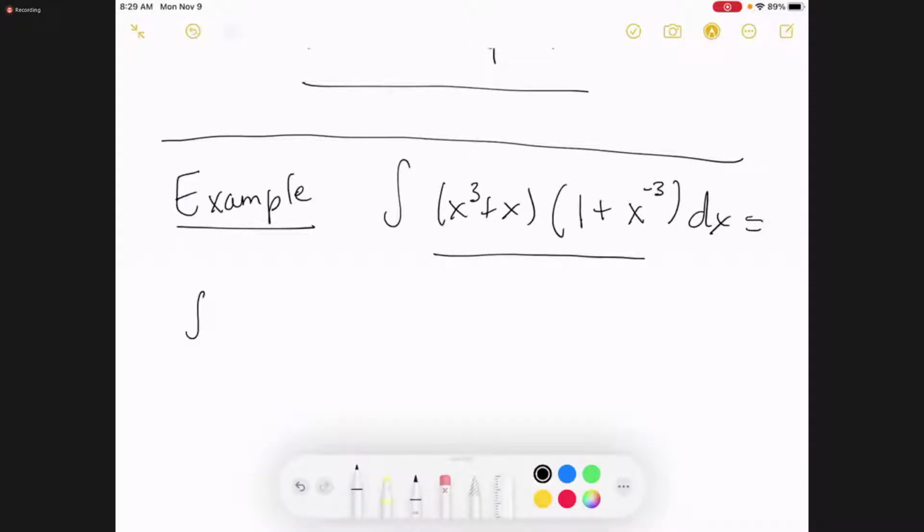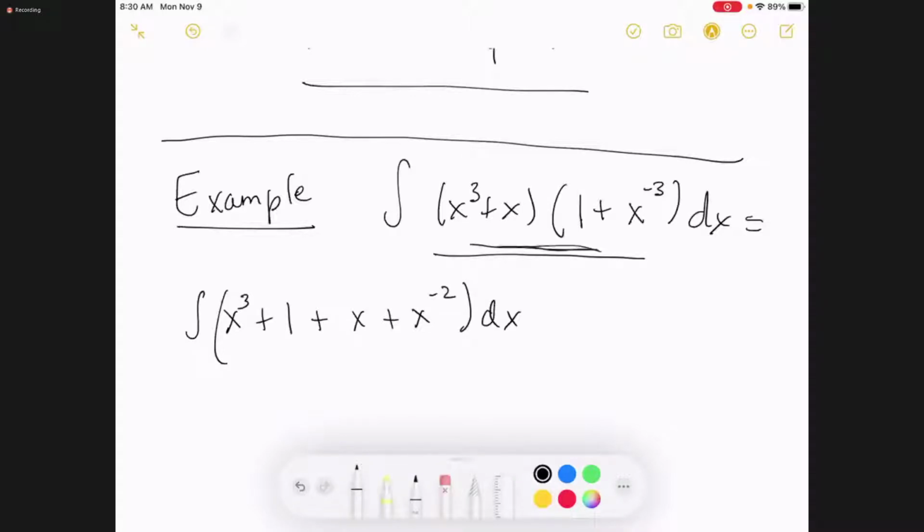I need to multiply x cubed times 1, which is x cubed. x cubed times x to the minus 3 is 1, right? Minus 3 plus 3 is 0. Then x times 1 is 1. And x times x to the minus 3 is x to the minus 2.